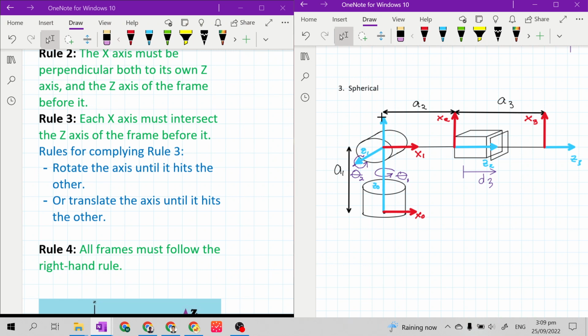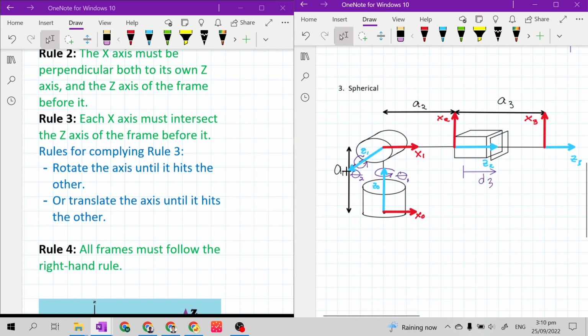As we can see, z sub 0 is intersecting with x sub 1. So x sub 1 complies to our rule 3. Next, x sub 2. Now we will see if x sub 2 is intersecting with z sub 1, because z sub 1 is the z-axis before the frame of x sub 2.